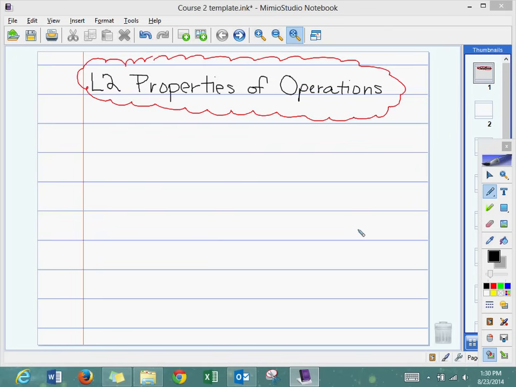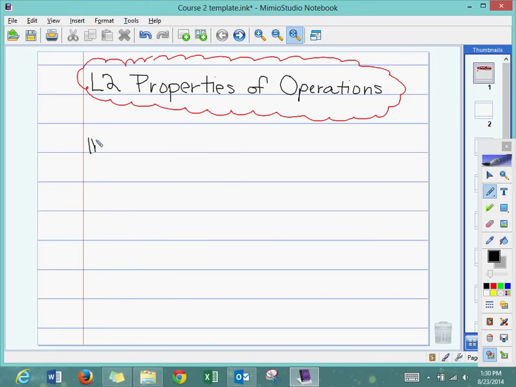The first thing that I want to talk about for properties of operations is that we have inverse operations. That'll be a vocabulary term. Inverse operations are operations that undo each other.